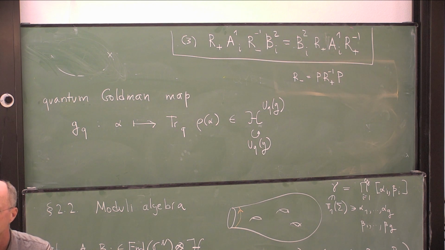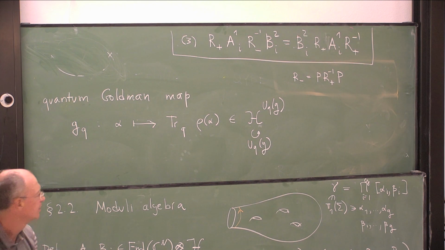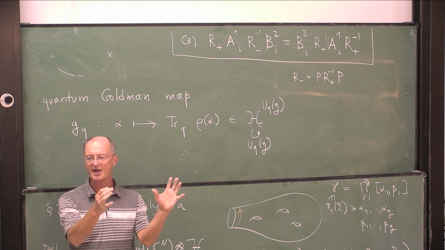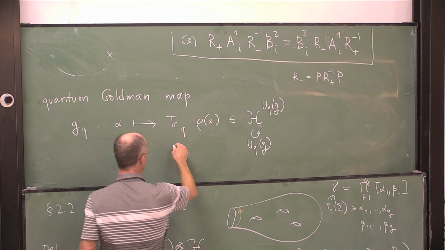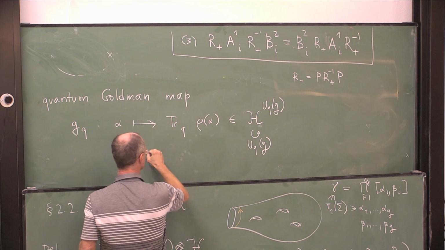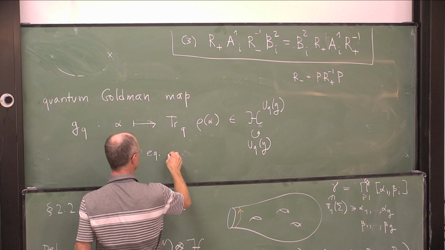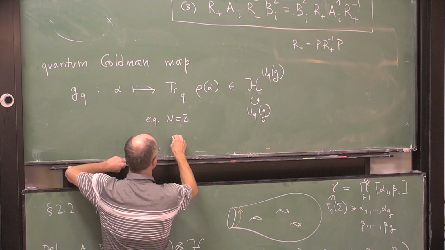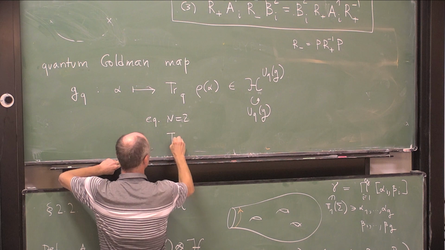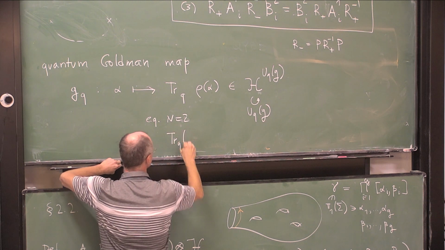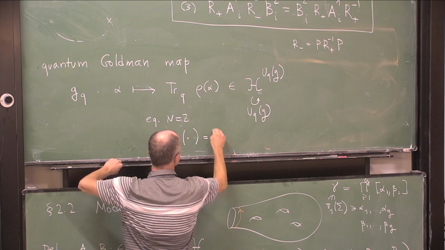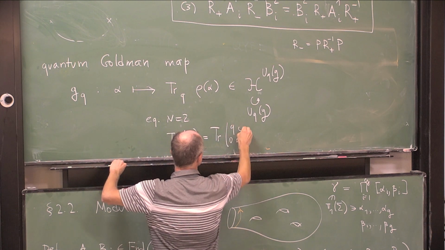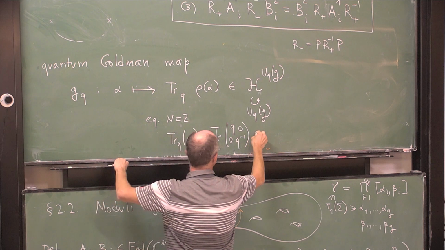What was the low in the quantum piece? Sorry? What was the low on that? So the quantum trace means that this is an ordinary trace, and you add, if I remember correctly, for instance, in the case of n equal to 2, maybe the knowledgeable people here will correct me, you add maybe q to the one half, q to the minus one half.